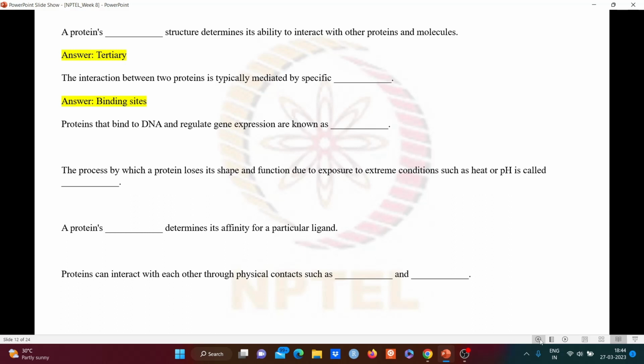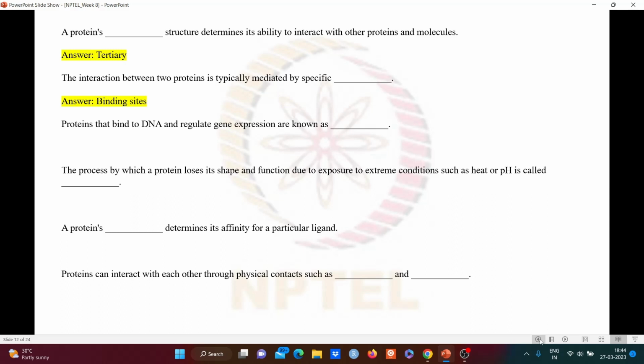Moving on to the third one, proteins that bind to DNA and regulate gene expression are known as... Can we say DNA binding protein?